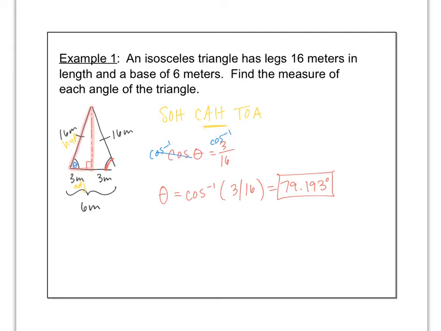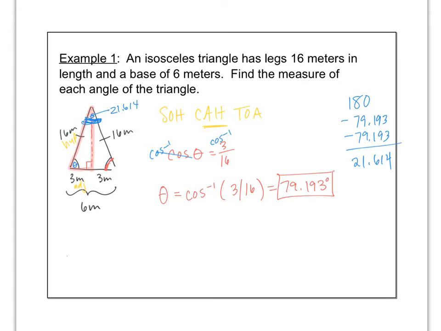So think about 180, subtracting out your 79.193 and the other 79.193. Let's see what we have left. That should come out to be 21.614. So that angle up here at the top of the triangle is 21.614 from the original triangle.